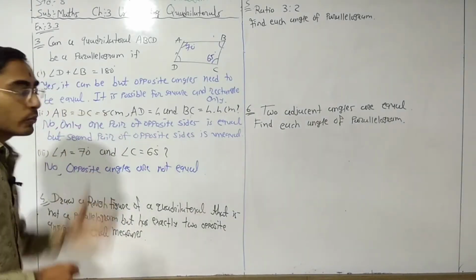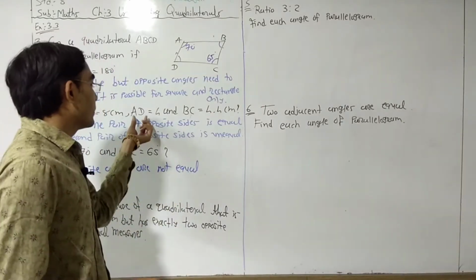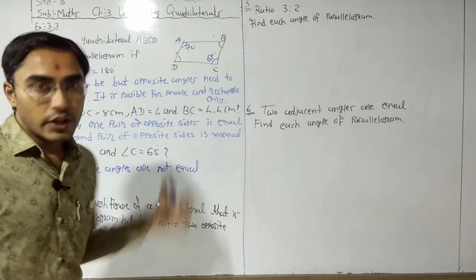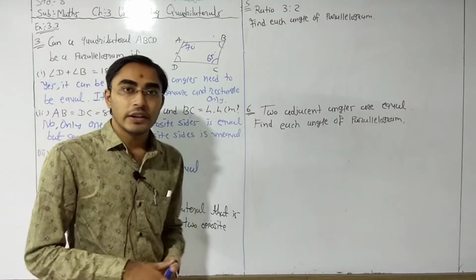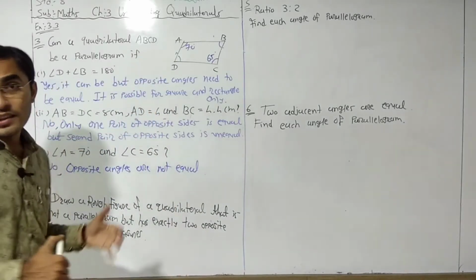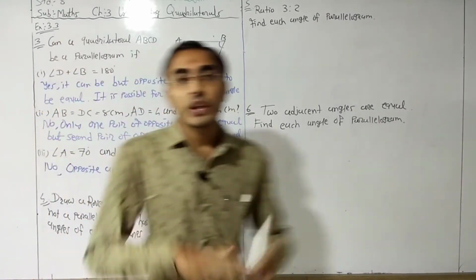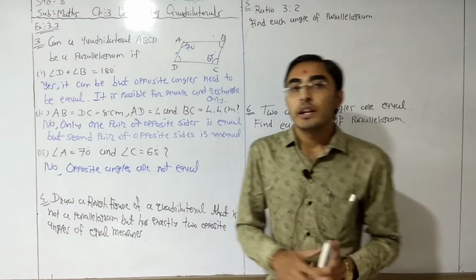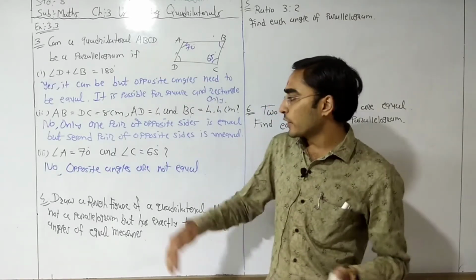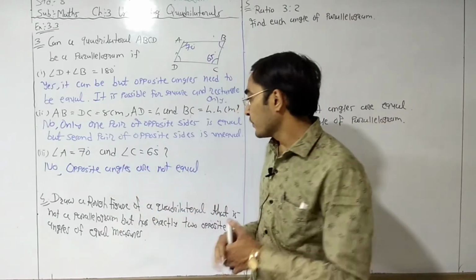That means this pair of opposite sides is equal, but the other pair, AD is equal to 4 and BC is equal to 4.4 centimeter, is not equal. That's why our answer is no. And in the third condition, angle A is equal to 70 degrees and angle C is equal to 65 degrees. Here our opposite angles are not equal. That's why our answer is no. And we need to write one reason: opposite angles are not equal.